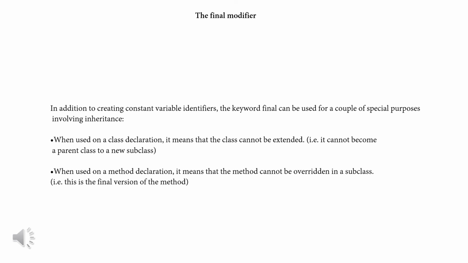The other point is when you use this modifier in the declaration of a method, then that method cannot be overridden in a subclass. It means that method is a final version of the method, right? So these are two important points that you need to keep in mind when you use the modifier final in the declaration of a class and in the declaration of a method.